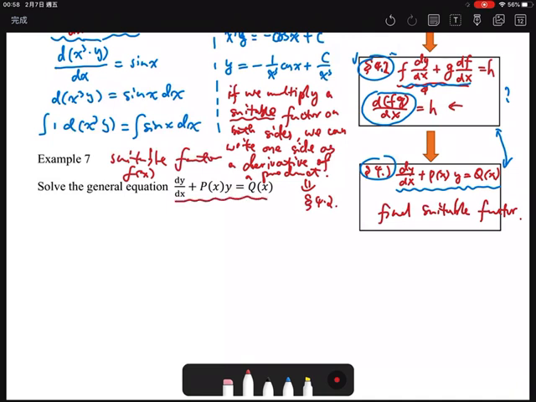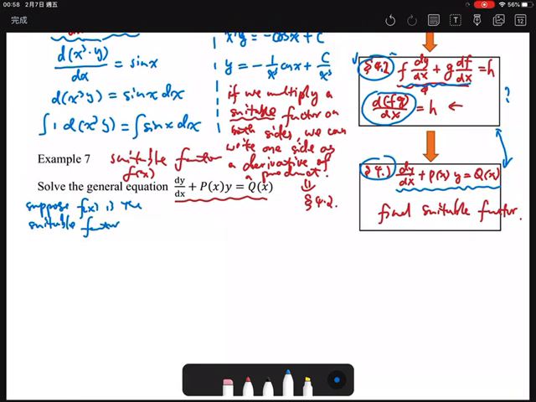So now let's look at the general equation, the general type. Suppose f of x is the suitable factor.